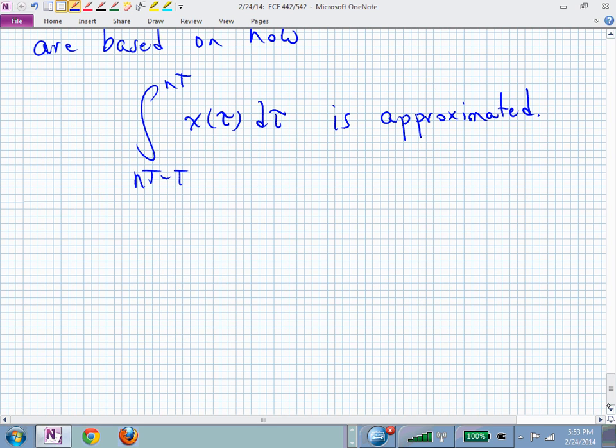Let's look at the first one, and we'll call this, hopefully this terminology will be clear, the forward rule of numerical integration.